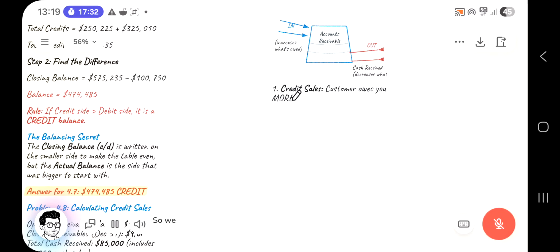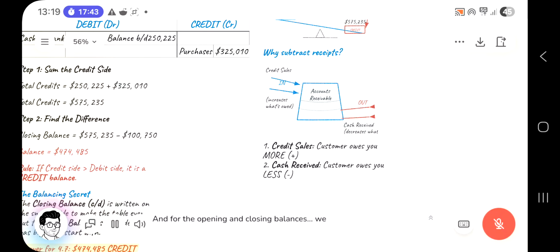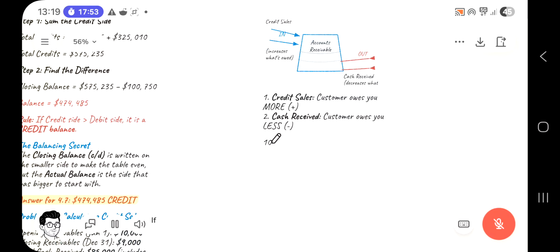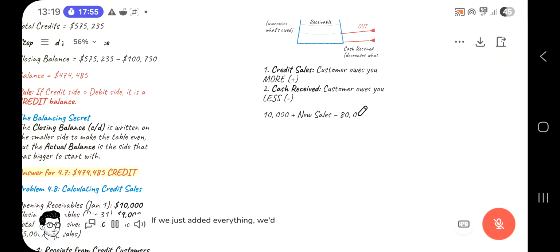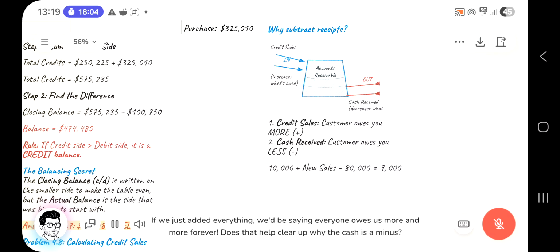So we subtract the 80,000 in receipts because that's debt that was canceled out by cash. And for the opening and closing balances, we start with 10,000. We want to find out what happened in the middle to end up at 9,000. If we just added everything, we'd be saying everyone owes us more and more forever. Does that help clear up why the cash is a minus?